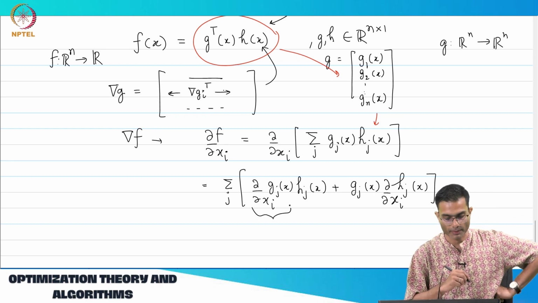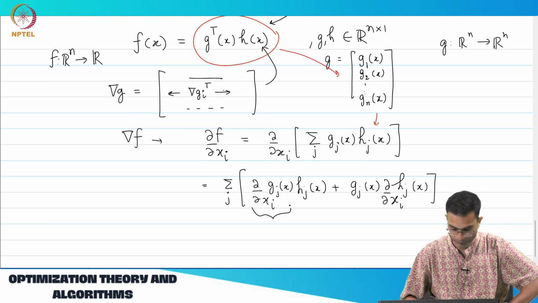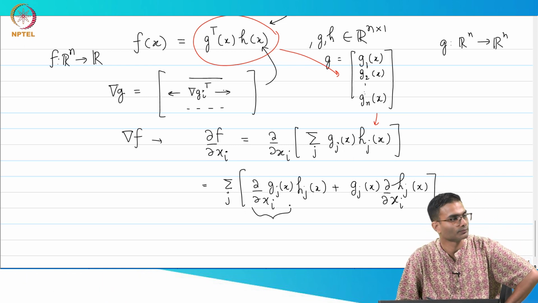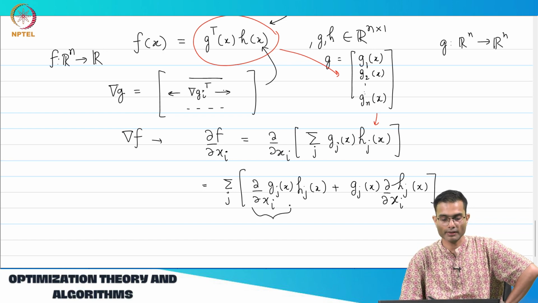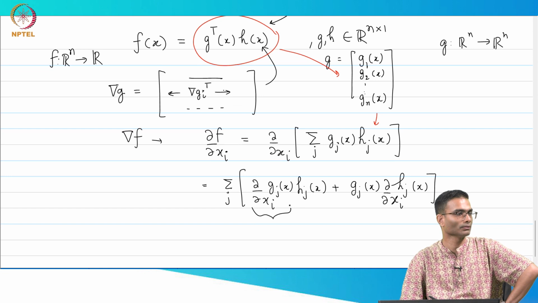What does this remind you of? Del Gj by del xi. I is constant. What is the variable that is roaming around?